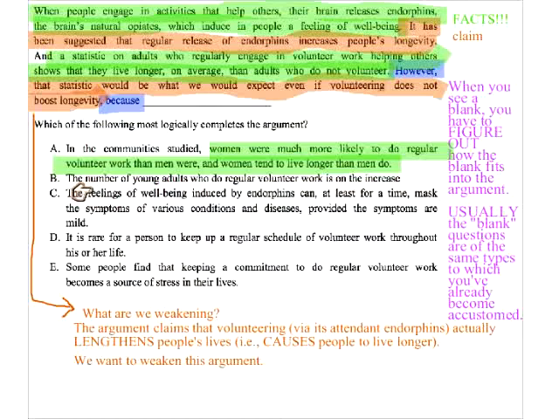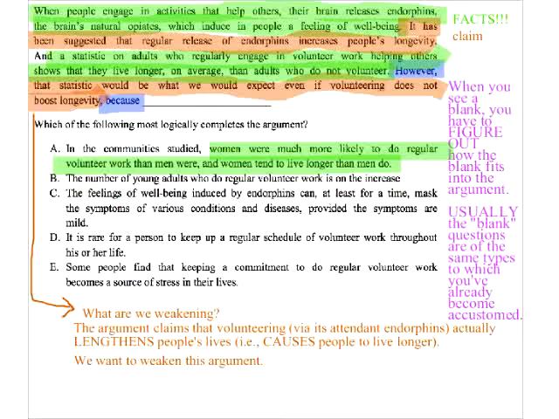But C is actually strengthening the argument because it shows how this might happen. It has been suggested that people are just guessing that this is true, but C provides a definite path. C provides evidence that endorphins really do make you live longer. So C is actually a strengthener of the argument.